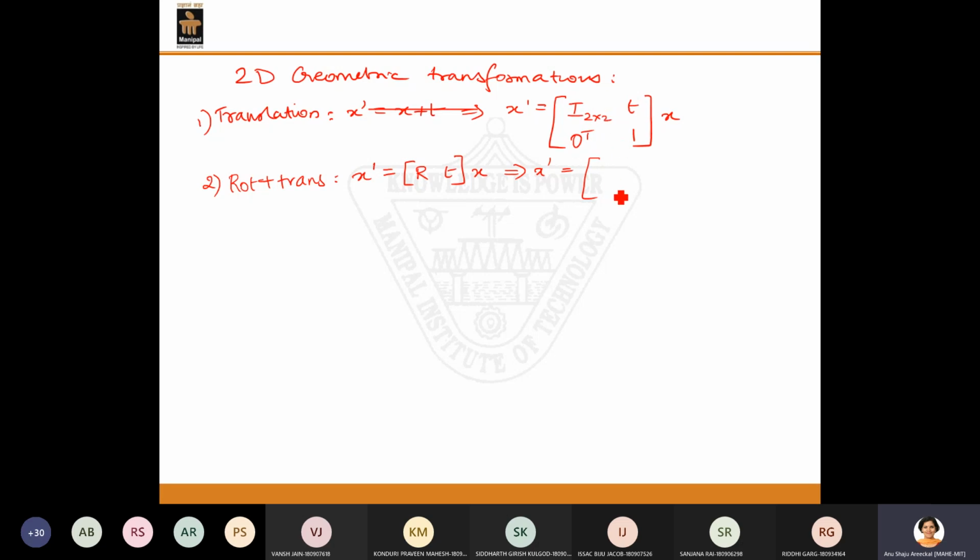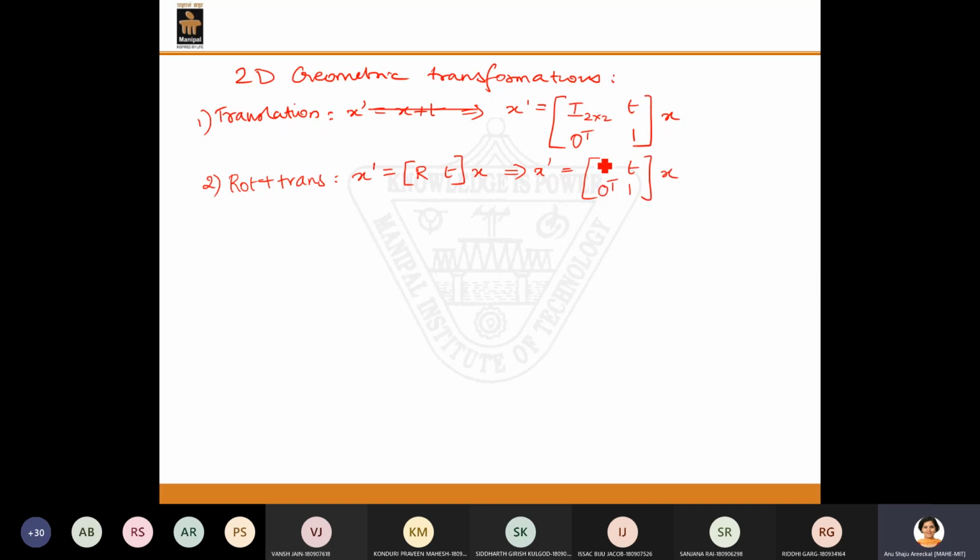How would the transformation matrix look when you are adding in a rotation? Okay, so the only difference here is that you have a rotation matrix. So we are replacing the identity matrix which you're using here with the rotation matrix. Okay, so there's a rotation matrix, 0 transpose, t and 1. This is the only difference that you have.